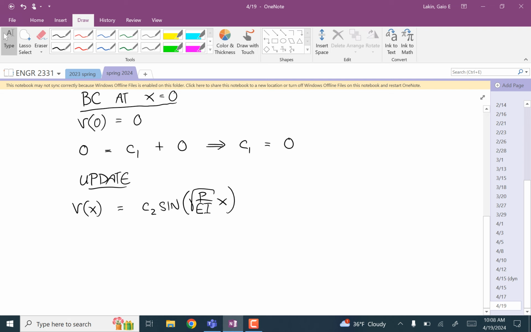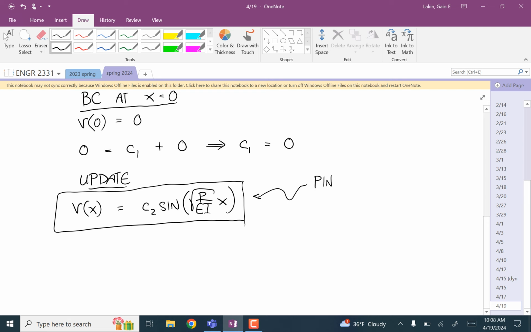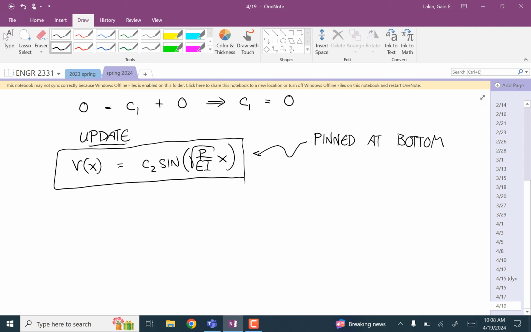And now we have to ask ourselves what else is going on. This is for a column that's pinned at the bottom. And now we have to say, where else along the column is the deflection constrained?